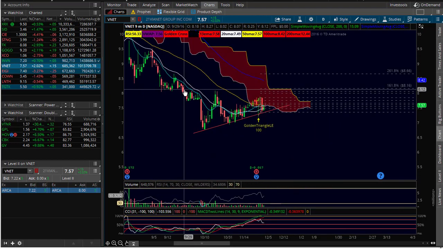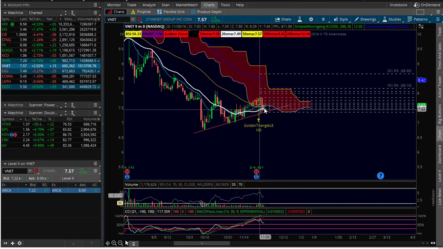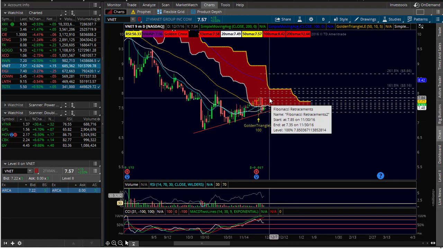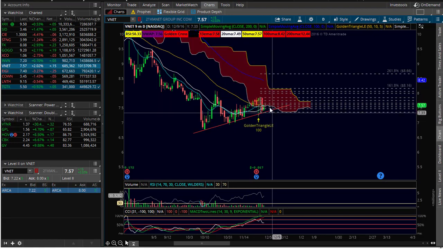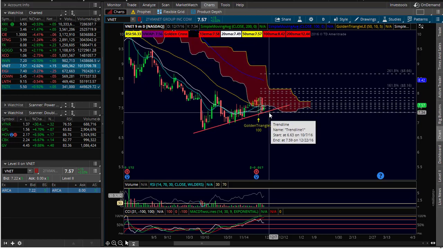Now I would also look to apply it to the shorter time frame, how I just showed you. So I would apply it to the gap up here or the gap right here, depending on where I got in. And then I would also look to apply it on that previous breakdown, that previous big giant flush right there where it went from 7.84-ish to 7.34. That's where I would look to apply another Fibonacci retracement.